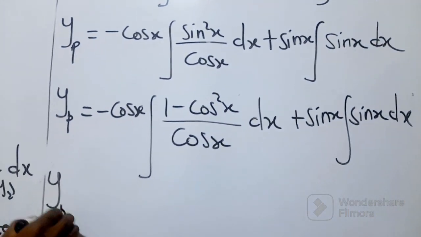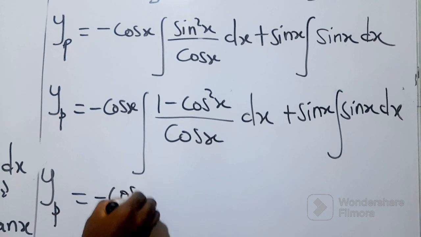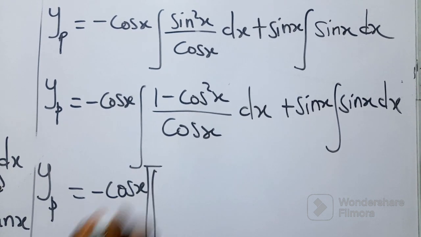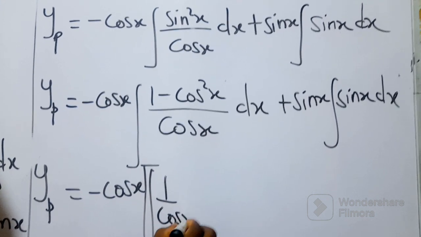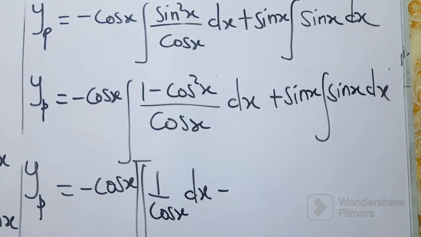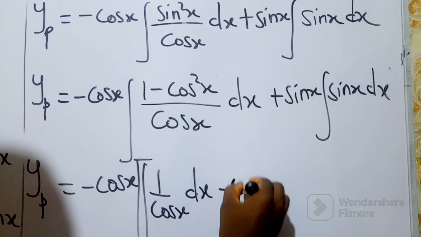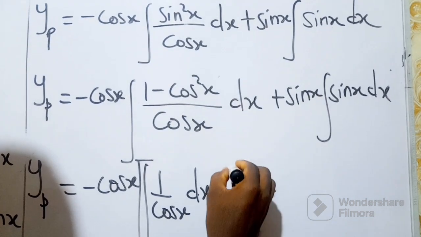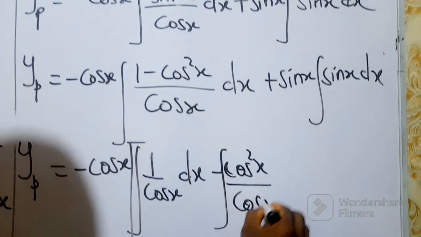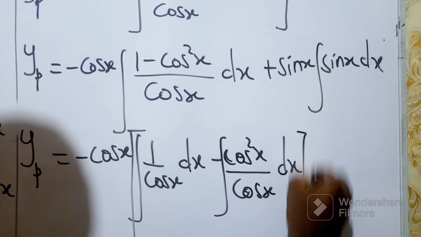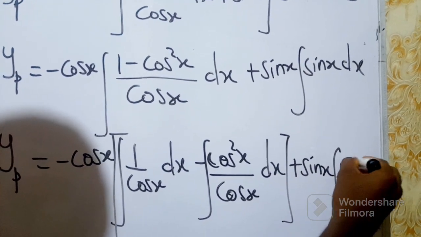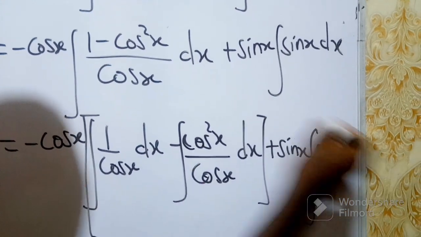Can go further to say our y of p will be equal to negative cos x integral of 1 over cos x dx. I'm splitting into a common denominator, then minus cos square x, that's integral of cos square x over cos x dx, then plus our sine x integral of sine x dx.